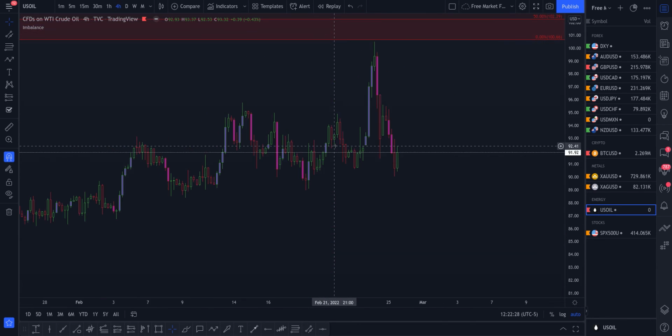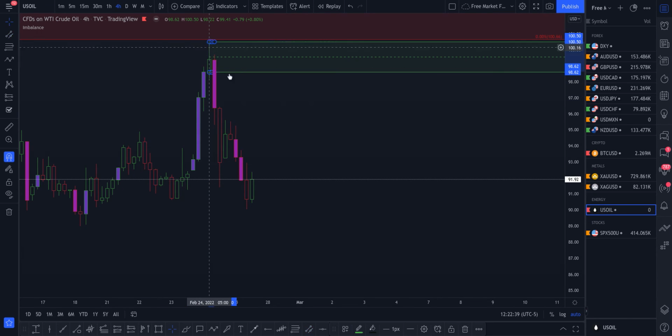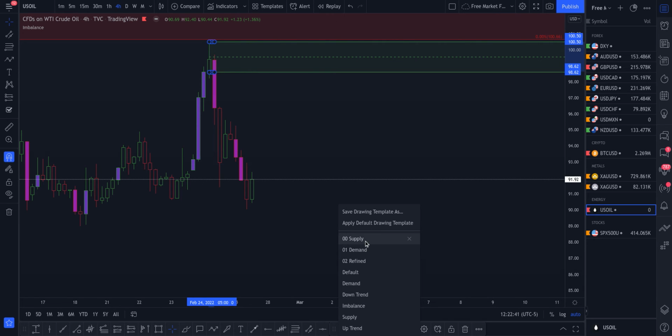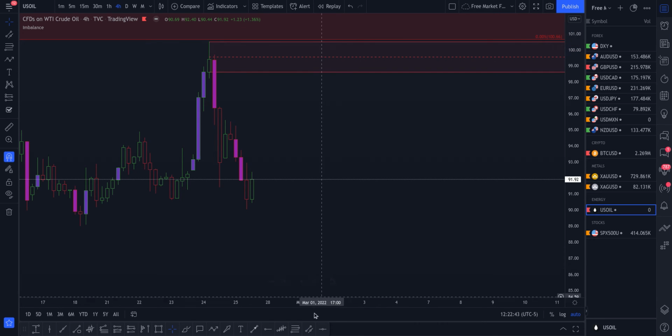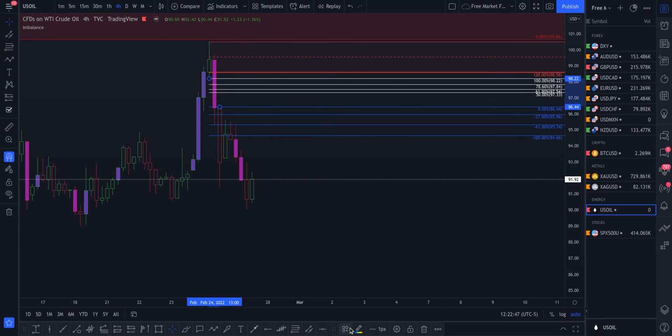All right, let's look for areas as to why we could go short, maybe coming short off of this unmitigated 4-hour supply. As well as we have imbalance to be filled here.